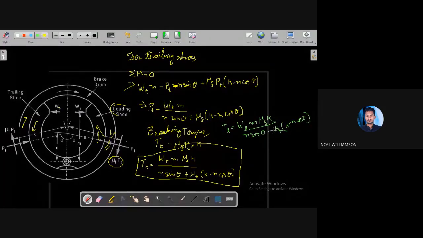So there it was minus and here it is plus, and the other difference is here it is WT and there it is WL. So these are the two braking torques. Braking torque for the leading shoe was WL into M into mu F into K divided by N sin theta minus mu F into K minus N cos theta, and for the trailing shoe it was WT into M into mu F into K divided by N sin theta plus mu F into K minus N cos theta.